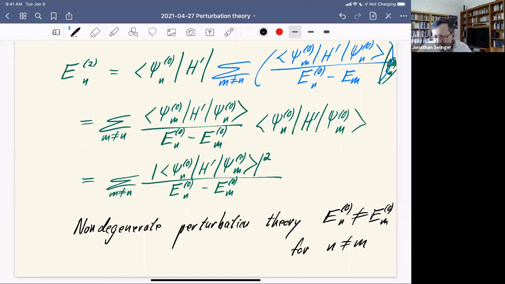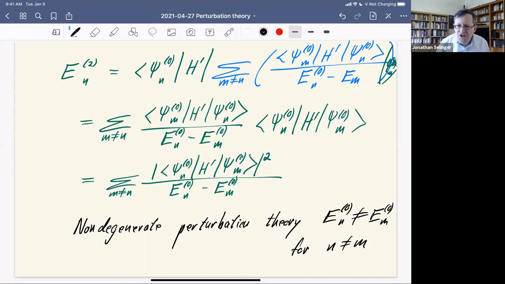Here's where you can see that assumption is really important. If that assumption were violated, this term would be dividing by 0, which would be a disaster. This term, which is supposed to be small, would actually be going to infinity. Horrible.